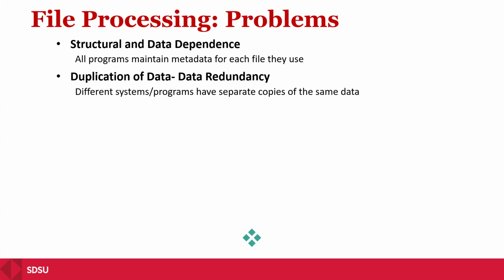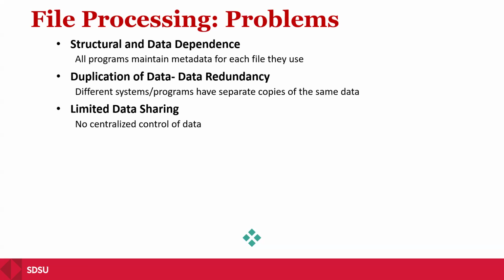There's also duplication of data, or data redundancy, when the same data is used by two different departments, but each department stores their own copy of the same data. Limited data sharing comes with file processing systems.